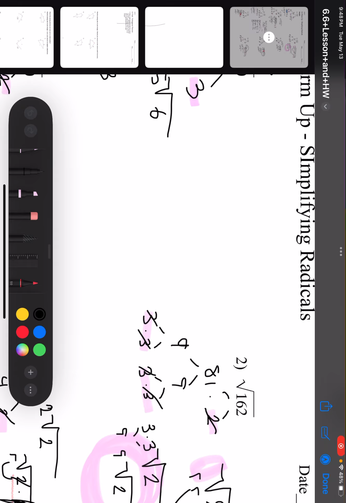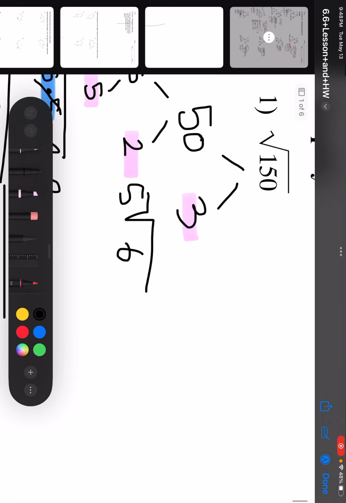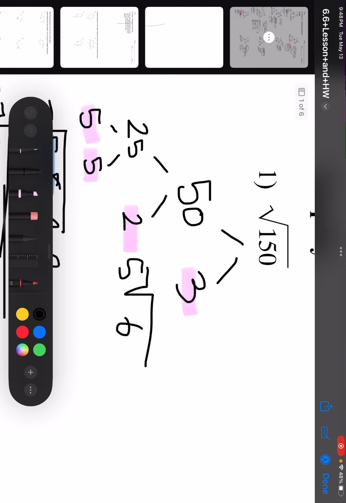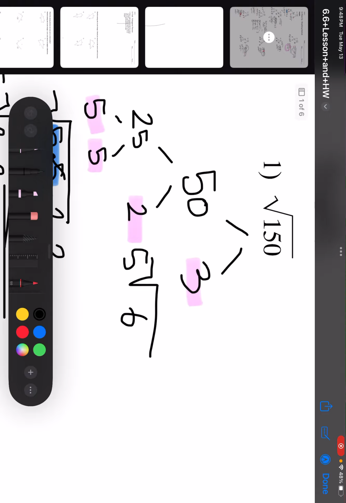So basically, when you're simplifying, you know how you multiply to get to a number? You write down the numbers that you multiply to get to that number, right? And you know how I did 50 times 3 to get to 150? You can't multiply to get to 3.